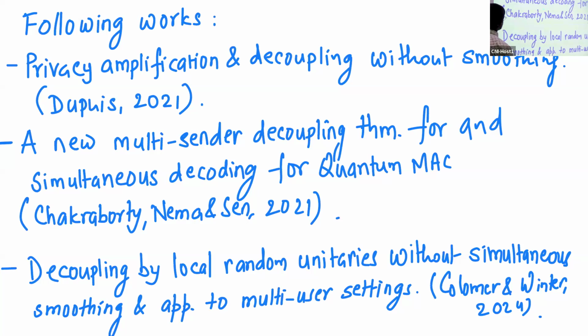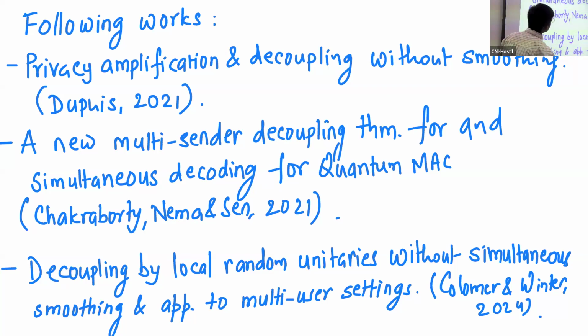Yeah, so that's it. There were several works following our work. One was privacy amplification and decoupling without smoothing. Here the goal was to replace the entropies in the expected version of decoupling by Renyi entropies of order bigger than 2, as opposed to the entropy of order 2, which was the initial theorem by Frederic Dupuis.